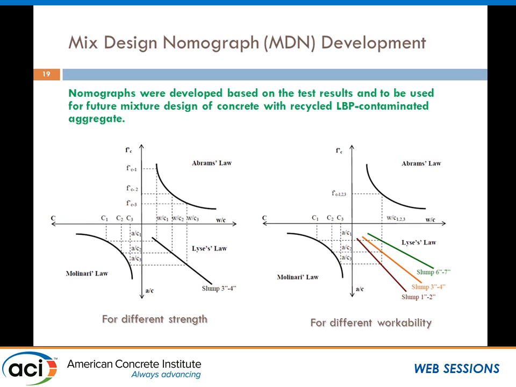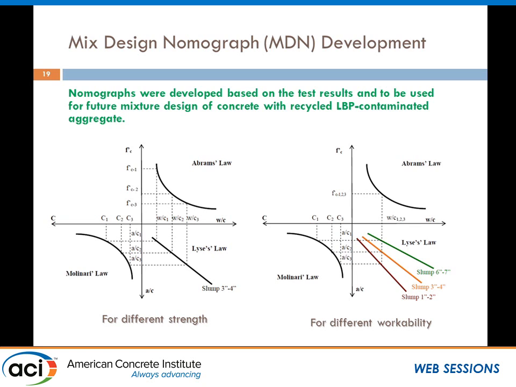So basically, you get the key components of your mix design. Another way you can use it is if you design concrete for different workability. You can do this with different slumps. You can determine different water cement ratio, different cement content. So basically, you can use this kind of nomograph to help you design concrete.